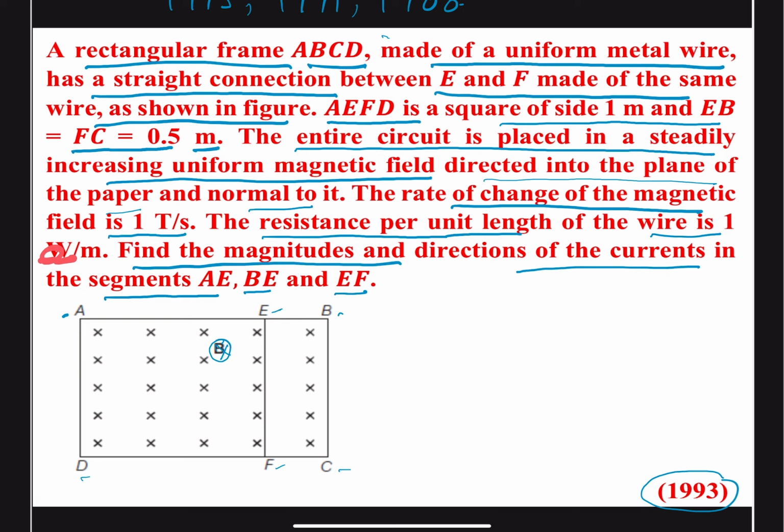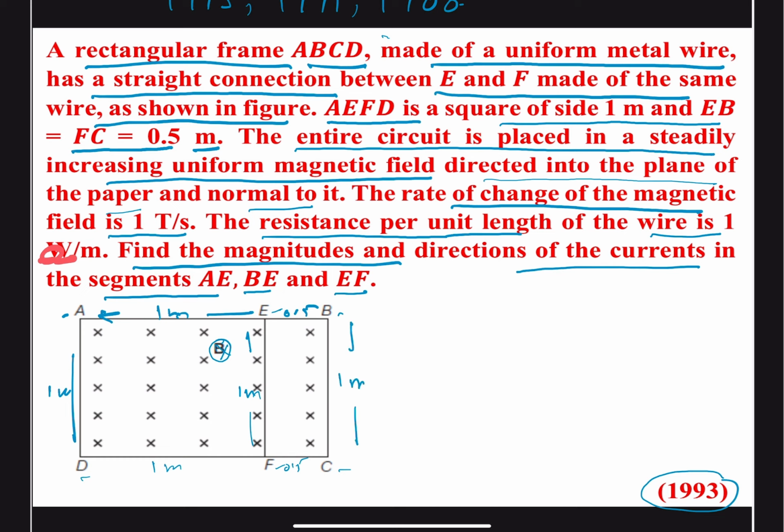So we are given that AEFD is a square of side 1 meter. So each is 1 meter and this is 0.5. This will also be 1 meter.